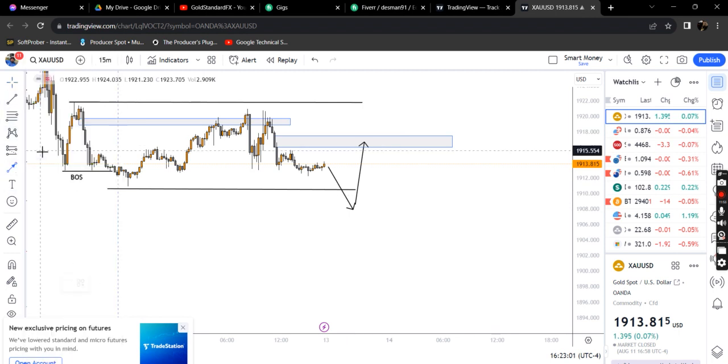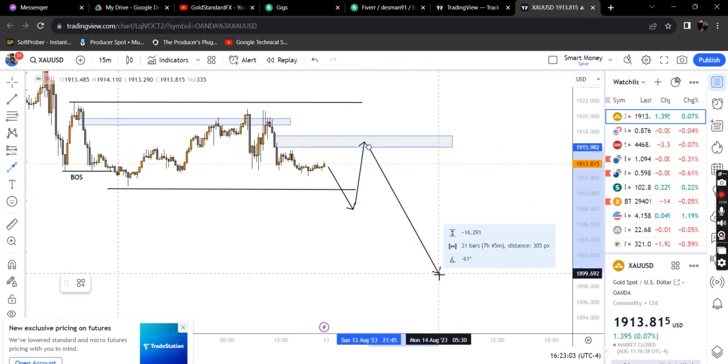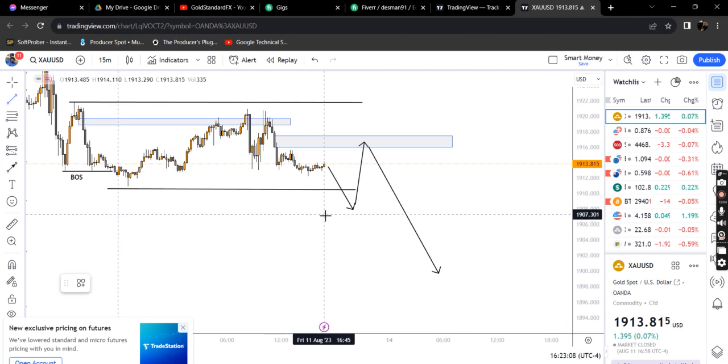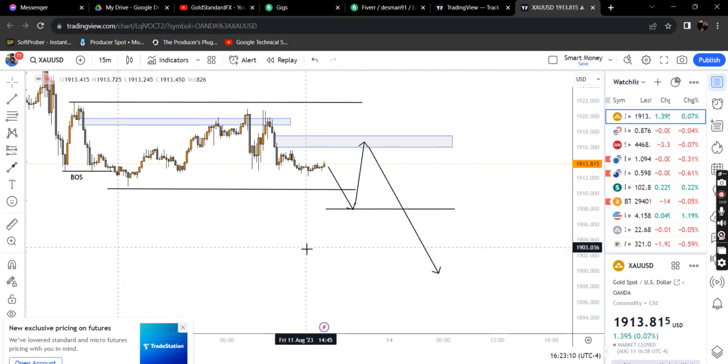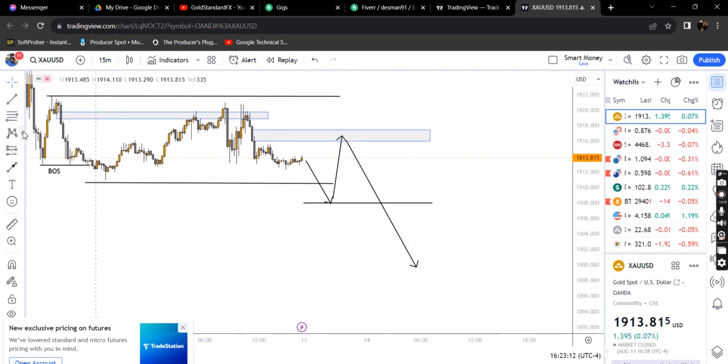Then with a nice continuation down for another breaker structure. That would be the ideal setup for me.